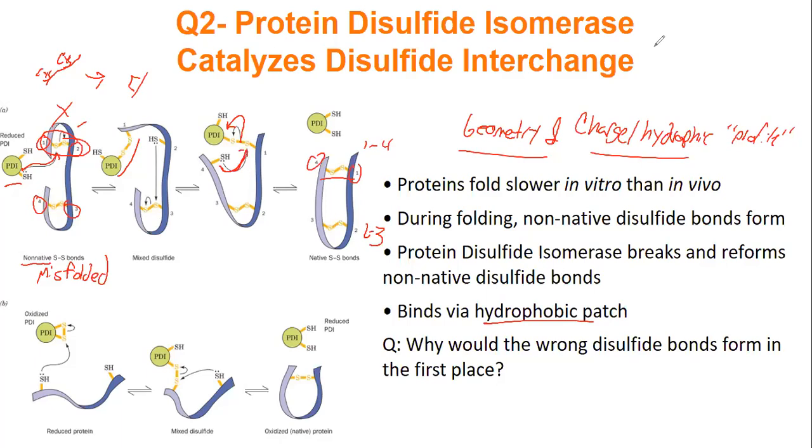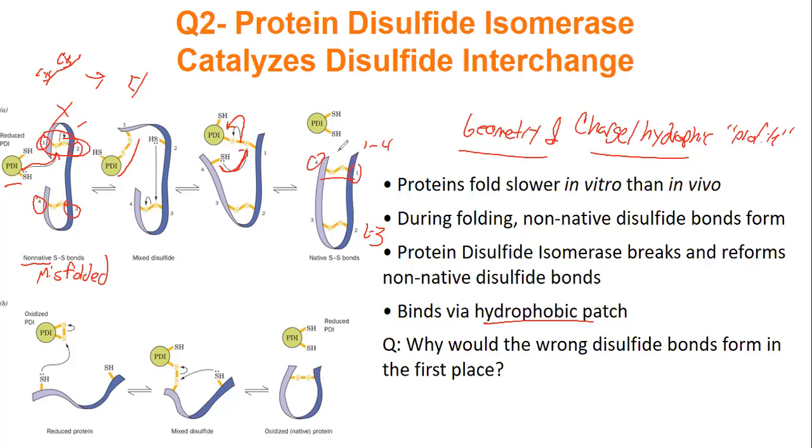Does PDI guide the SH to the correct one? I have not looked at the mechanism of these PDIs in depth, but just knowing protein mechanisms in general, the way that this protein is probably set up is that, yeah, it will make sure that the correct cysteines come in contact so that they are forced to form a disulfide bond. That's usually how enzymes work.